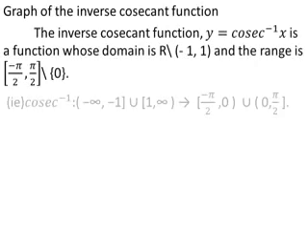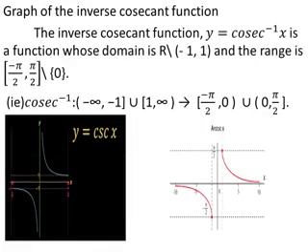Graph of the inverse cosecant function. So you see here, the domain of the cosecant inverse function is minus infinity comma minus 1 union 1 comma infinity. So you can write the domain in this way, or you can write it as R difference the open interval minus 1 comma 1, because except the open interval minus 1 comma 1, all the other real values we have here.